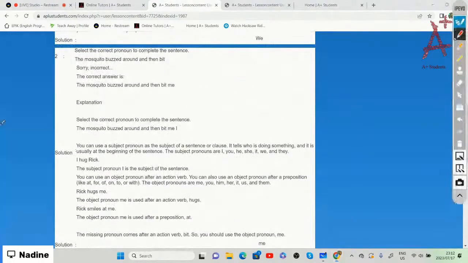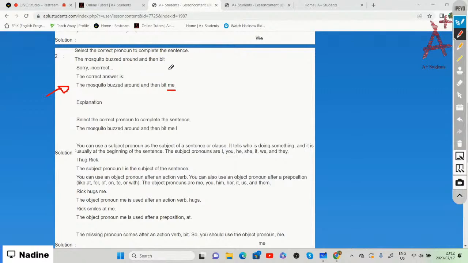We are going to the next one. The mosquito buzzed around and then bit me. We need to say if this is a subject pronoun or an object pronoun. Before we decide, we are going to identify the pronoun as me.